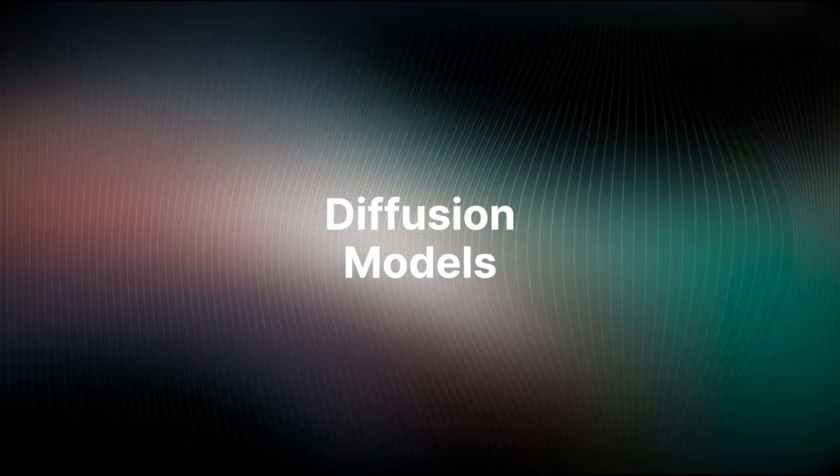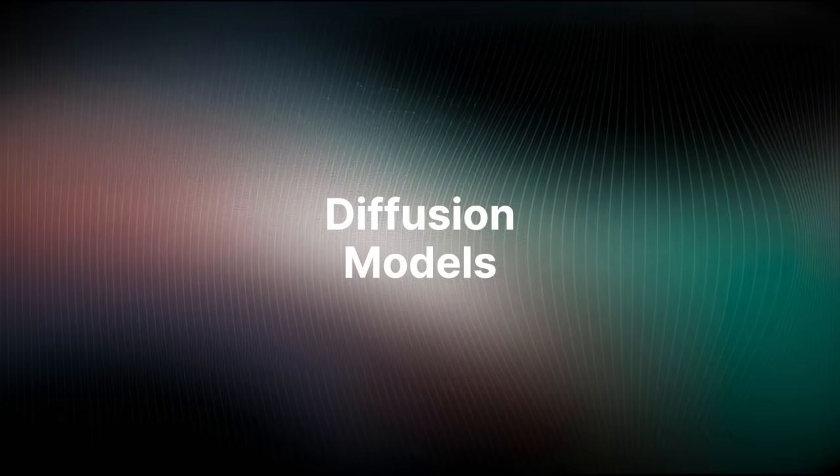Instead of asking, how do I create something from nothing, the diffusion model asks the question, how do I undo destruction? In training, you take real images and progressively add random noise to them, step by step, until they're completely unrecognizable, pure static. And then you train a neural network to run that process backwards. Given a noisy image, predict what the slightly less noisy version would look like.